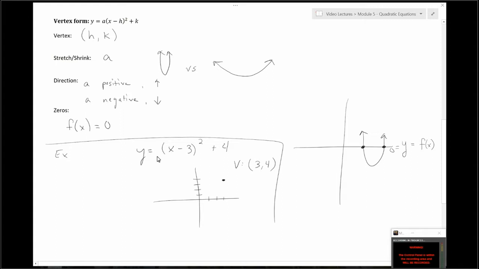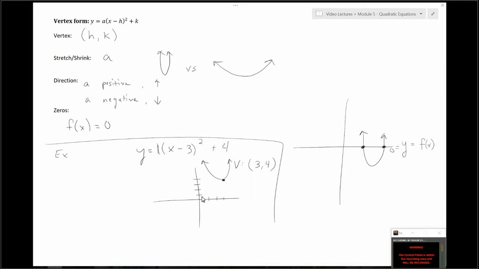My number in front here is positive. Right now it's actually 1. And so this points up. So with vertex form, it's very easy to graph the quadratic. And in this case, we can see that this quadratic actually has no zeros. It doesn't cross the x-axis. But we couldn't really tell that until we graphed it.